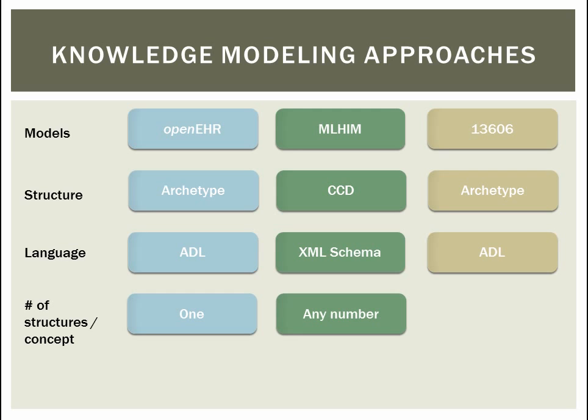In MLHIM, you can have as many CCDs for a given concept or parts of the concept as you want, because the CCDs are identified by UUIDs, Universal Unique Identifiers.